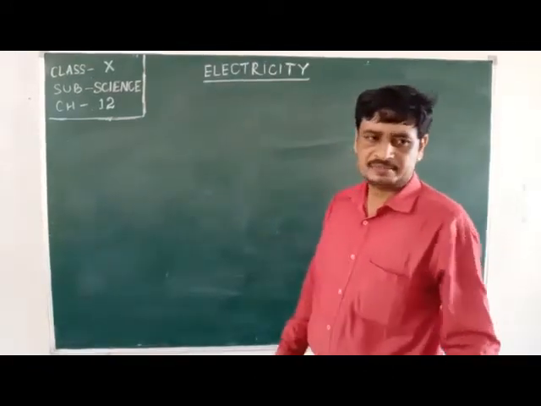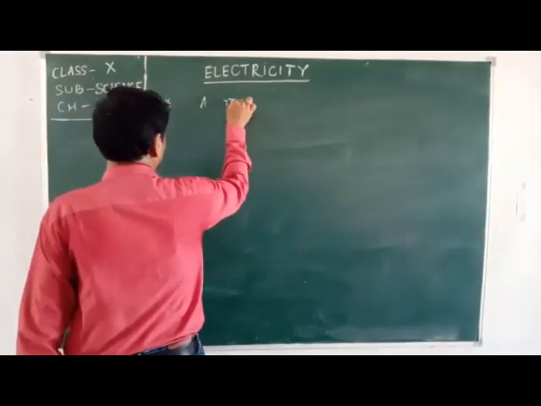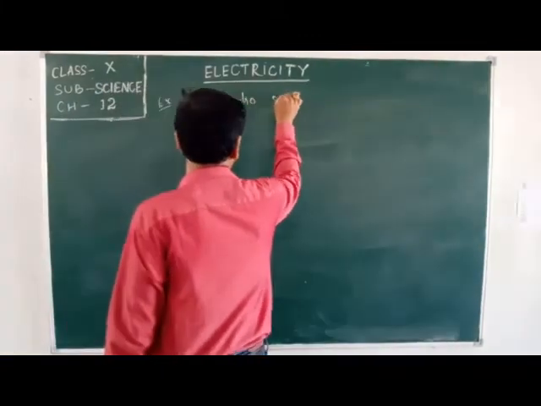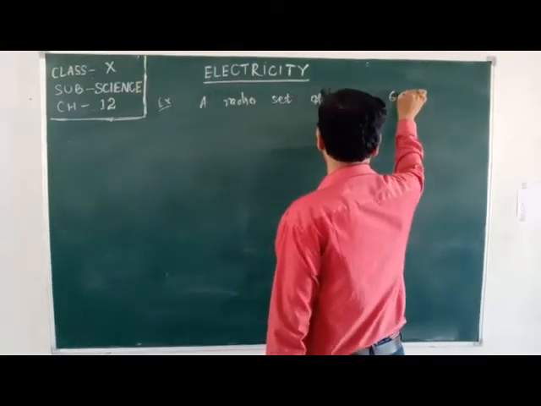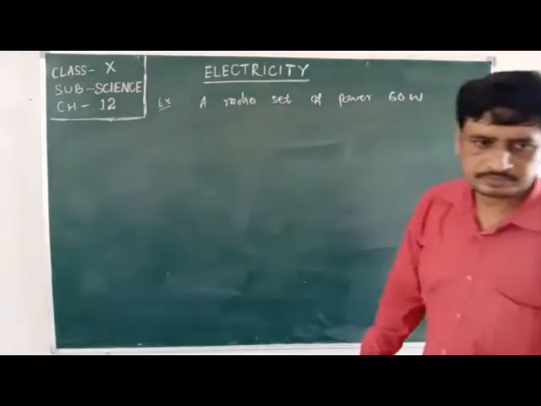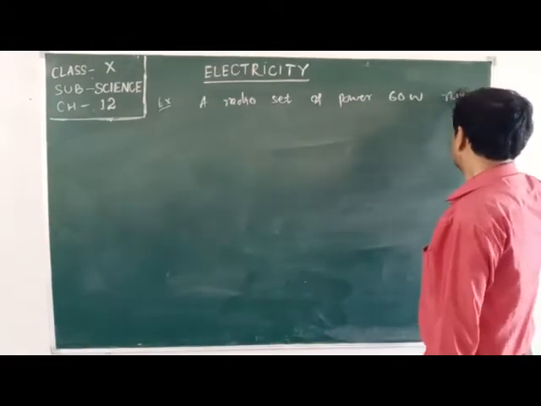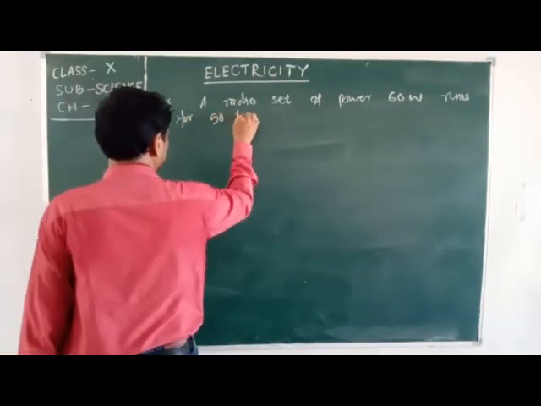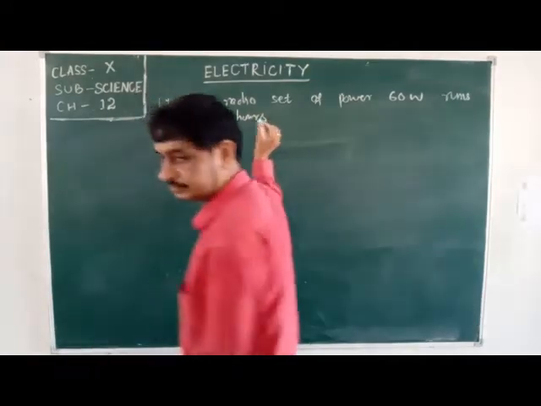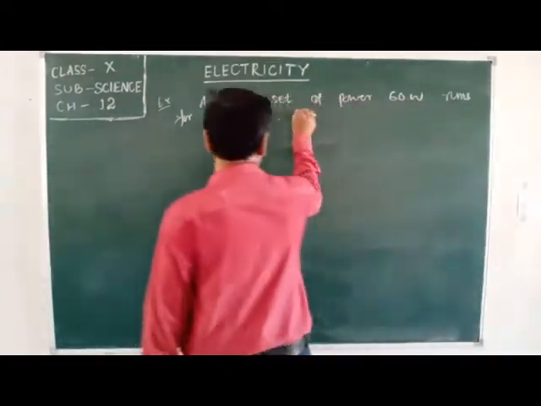Let's do one example here. A radio set of power 60 watt runs for 50 hours. How much electrical energy is consumed here?